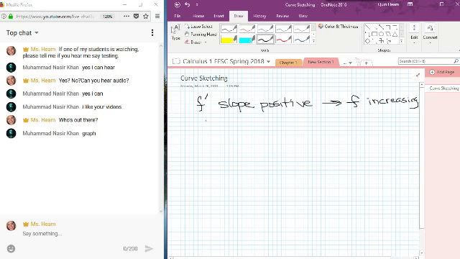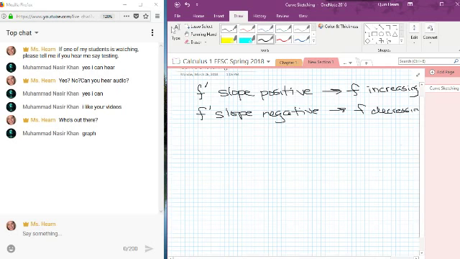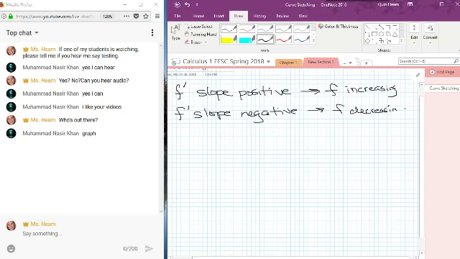Okay, and if f prime, the slope of the function, is negative, then it tells you it's decreasing. It's going downward. All right, so this gives us a bit of an idea of the shape of a graph, where it's going up and where it's going down.